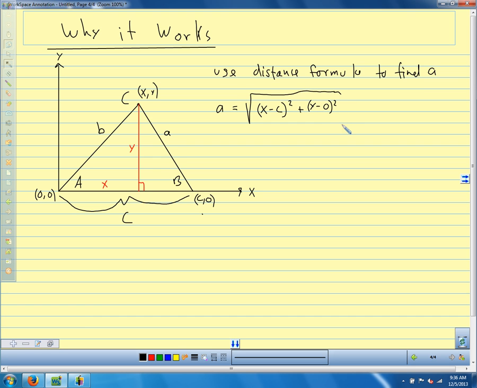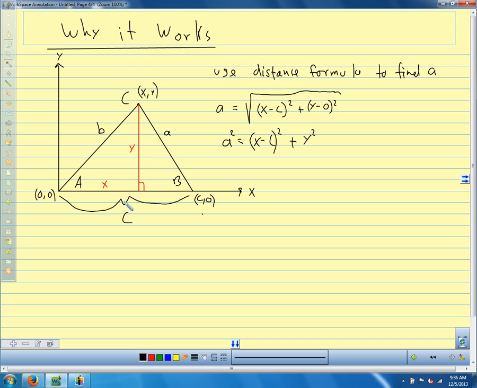And the distance formula is really what equation in disguise? The Pythagorean theorem. The distance formula really is the Pythagorean theorem. I'm going to square both sides. A squared equals x minus c squared plus y squared.